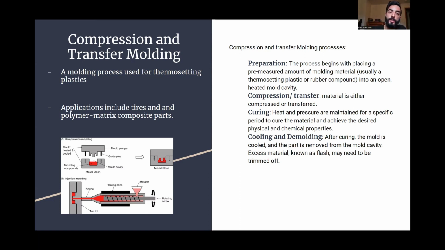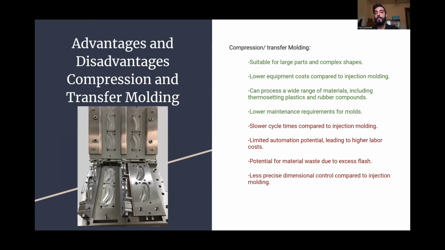Some advantages and disadvantages of compression and transfer molding are also shared. Some of those are they're really great to manufacture large parts. The cost of equipment is a little bit less compared to injection molding, and the molds require less maintenance.